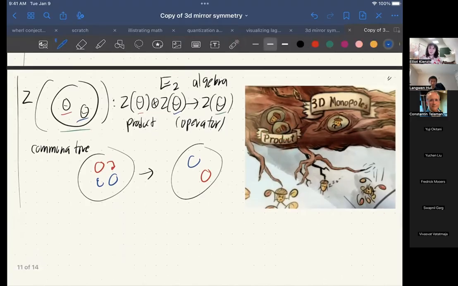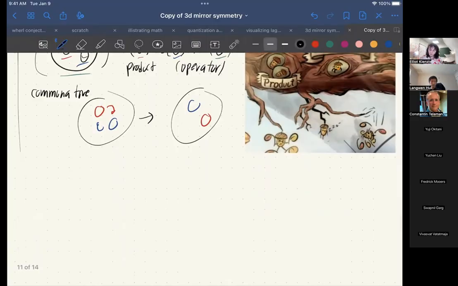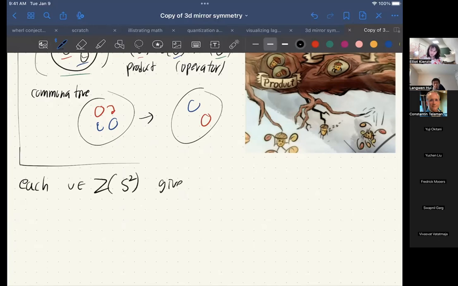Now, what we're going to do is realize that every vector inside of this Hilbert space, each of these operators, gives us a function on the Coulomb branch, okay?